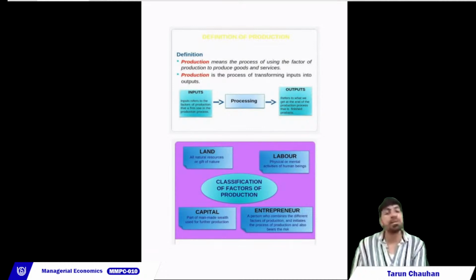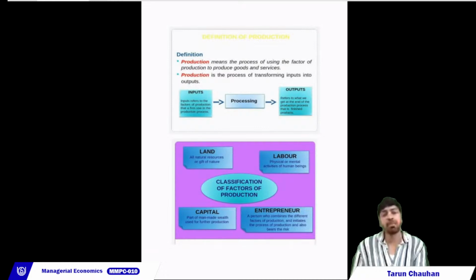Now to talk about the classification of factors of production, or the factor inputs, in other words: land, labor, capital, and entrepreneur, or organization or enterprise. So what is land? Land includes all the natural resources, or a gift of nature.